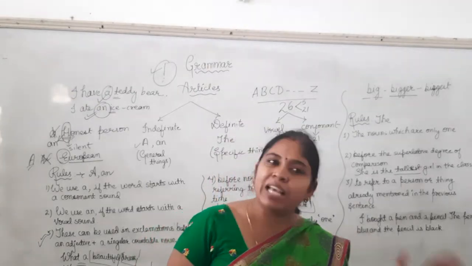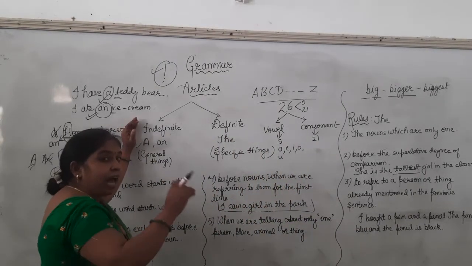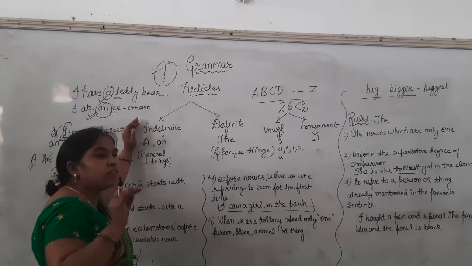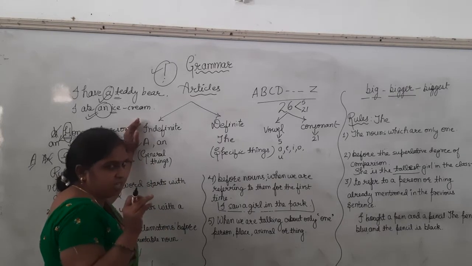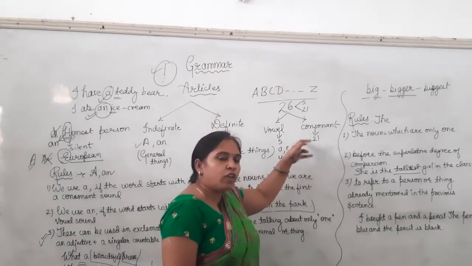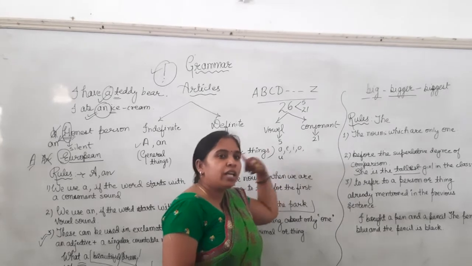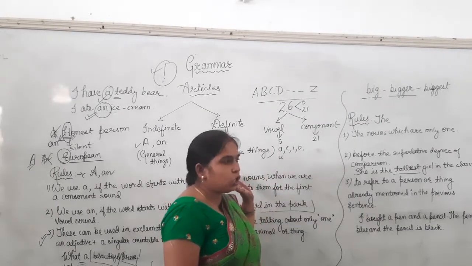Okay, students. So these are the rules of the articles "a" and "the", which we use when we write sentences. First of all, we have to focus on the sounds, vowel and consonant, which sound is there. As per the sound, "a" or "an" article we will use.